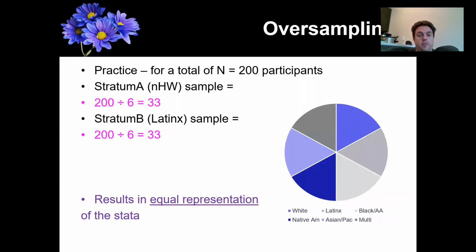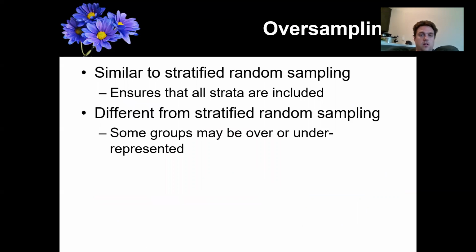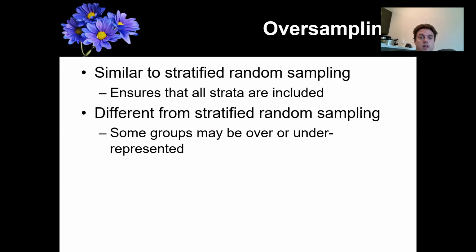We have instead equal representation of the strata. This ensures that all strata are included. It's different from random sampling because some groups may be over or underrepresented.